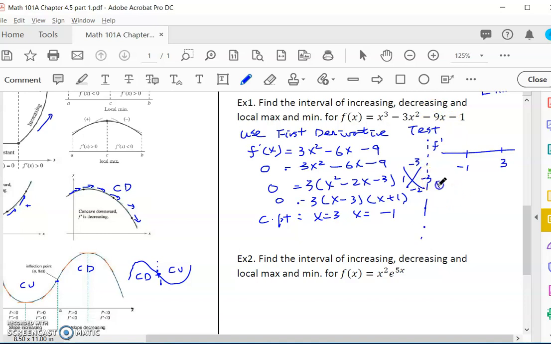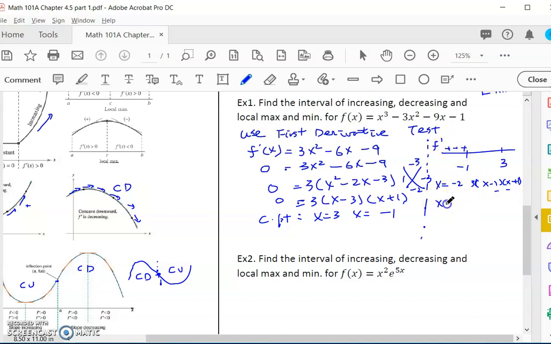So first of all, I put x equal to negative 2 because I want to pick a point here. Then I look at this: 3, which is positive, times (x minus 3)(x plus 1). If I plug in negative 2, negative times negative is positive.